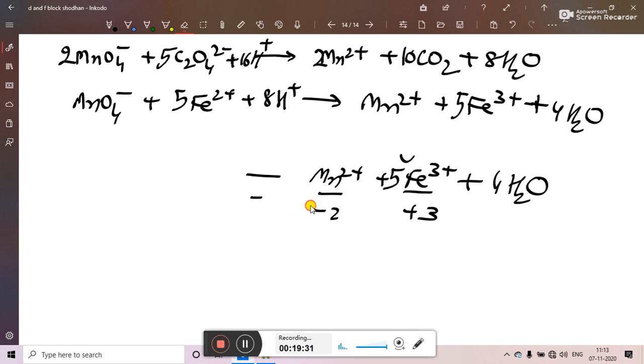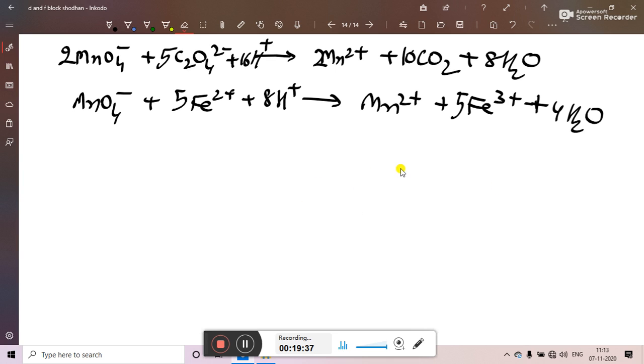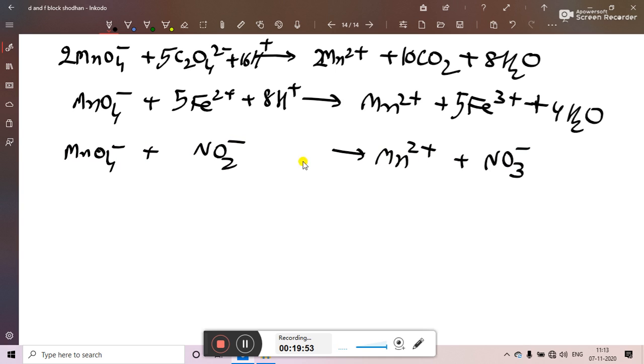Then KMnO4 can also oxidize nitrite ion into nitrate ion. Nitrite ion is NO2 minus. Permanganate ion can oxidize nitrite ion into nitrate ion, and it will itself undergo reduction to Mn2 plus. Here also we have to balance the equation.